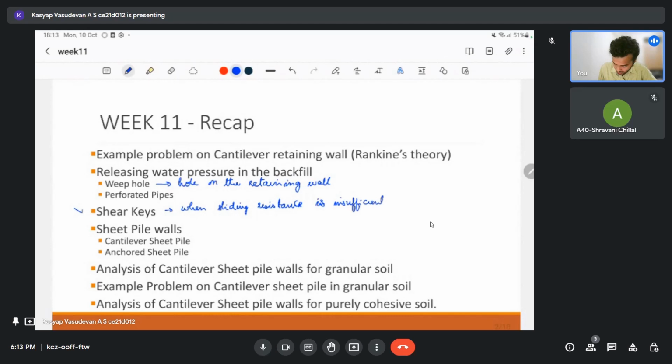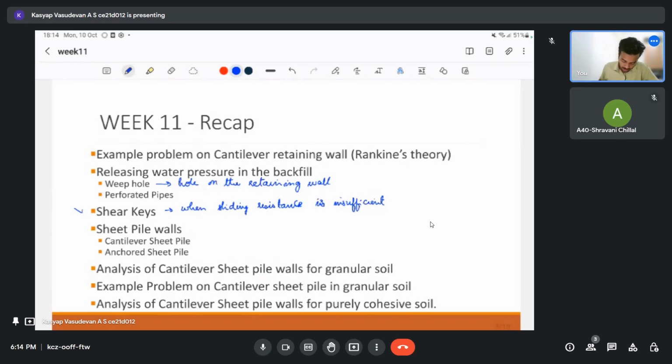In the last class we discussed the stability of a retaining wall, and one of the checks was resistance against sliding. If I remember properly, in my session I had discussed a problem where this particular criterion was not satisfied. In such cases, we can do several things. We can improve the soil in the subgrade so that the delta value increases, or we can also give a shear key.